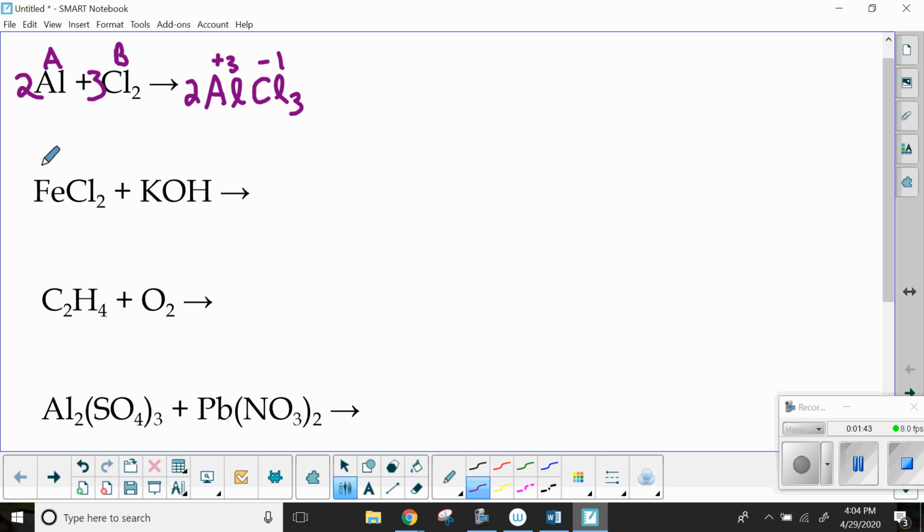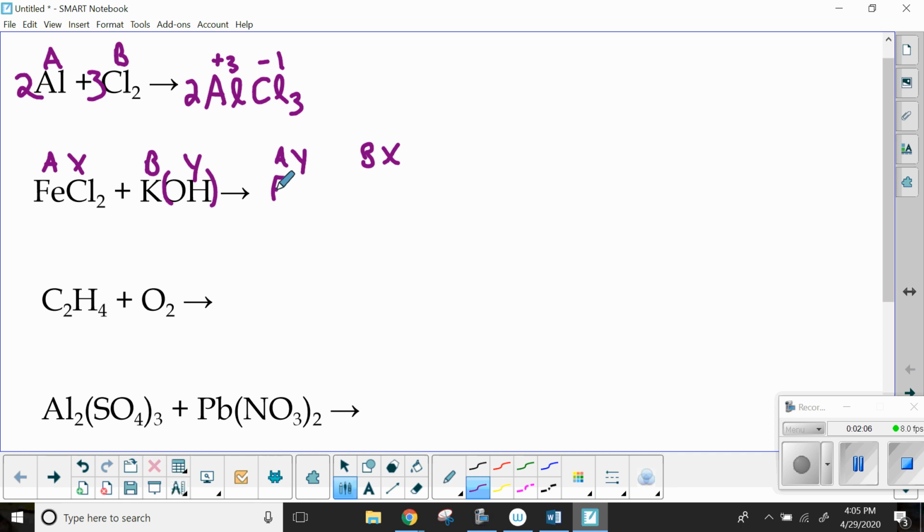Next one here, I've got an AX plus a BY. And hopefully you saw that when I have an AX plus BY, 2 compounds, I've got a double replacement reaction, and I will make an AY and a BX.